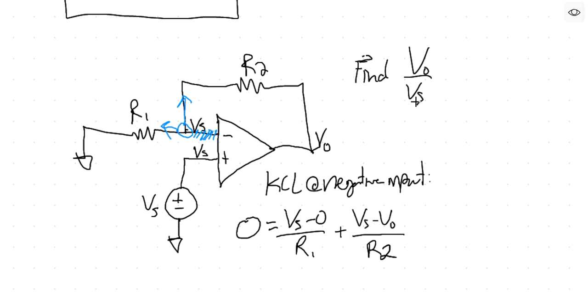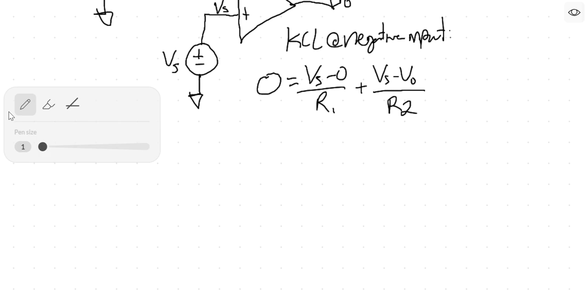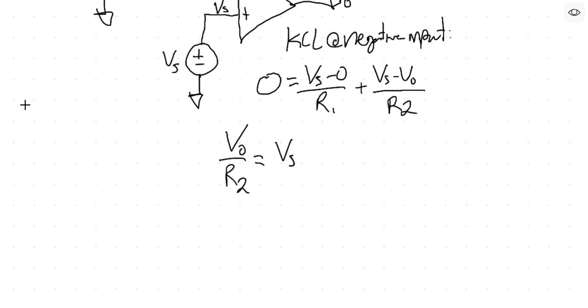Now we want to find V out over Vs. With this one equation, we should be good, right? Because we have Vs and we have V out. We don't have anything else. So we should be able to find V out over Vs. Let me drag it down here. Okay, and then continuing, we'll put V out on one side. We'll take Vs out, and 1 over R1 plus 1 over R2.